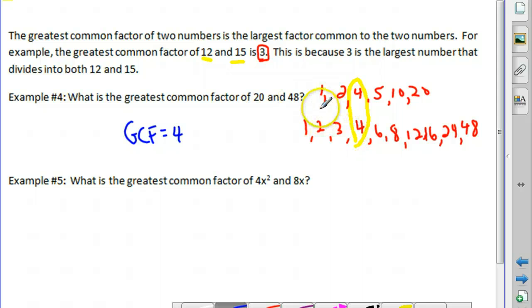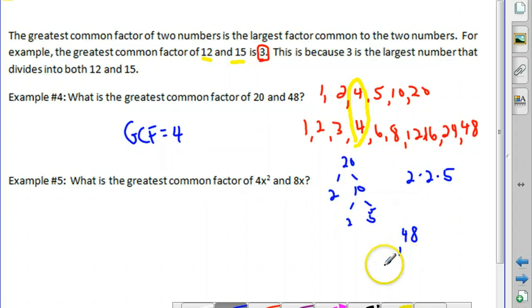Okay. Another way to figure out the greatest common factor would be to write the prime factorization of each number. So with 20, we know that 20 can be thought of as 2 times 10, and that can be thought of as 2 times 5. So we have 2 times 2 times 5. And then 48, we know can be thought of as, we'll say 6 times 8. And this can be thought of as 2 times 3. And this could be thought of as 2 times 4.